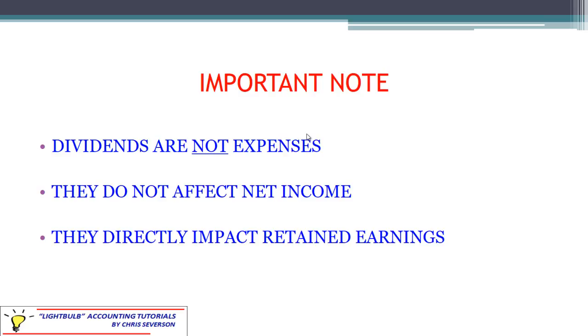They skip right past net income. Expenses reduce net income. Dividends have no impact at all on net income. You'll never see a dividend on an income statement. Instead, they go right past net income and they directly impact retained earnings. They reduce retained earnings. Yes, an expense ends up reducing retained earnings as well, but it first has to go through net income.